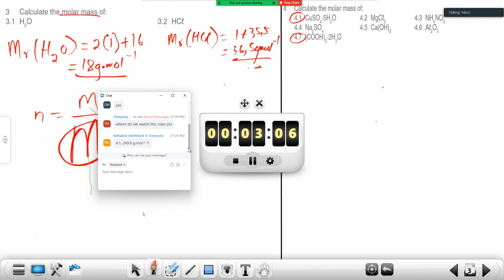So I'm waiting for the answers. You can just give me a value, then the SI unit I will add. Just give me a value quickly.